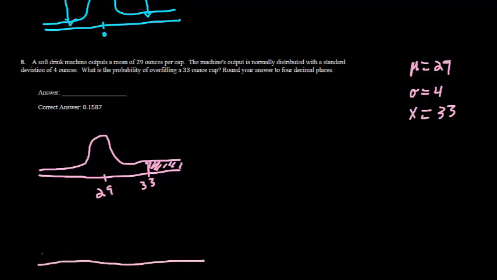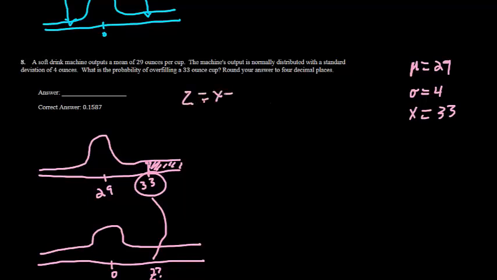So we draw another curve down here at the bottom where the z is 0, and we need to figure out what this z is. Again, simple z transformation, x minus mu over sigma, which is equal to 33 minus 29 divided by 4. It makes it real easy when you do this.